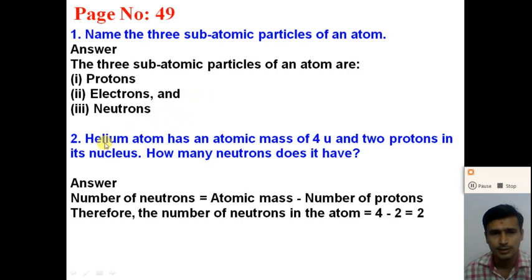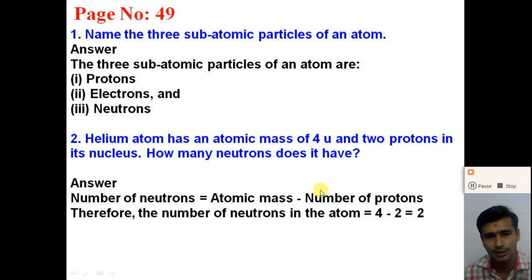Next question: A helium atom has an atomic mass of 4 amu and 2 protons in its nucleus. How many neutrons does it have? Dear student, how do we calculate the number of neutrons? The number of neutrons is equal to atomic mass minus number of protons.